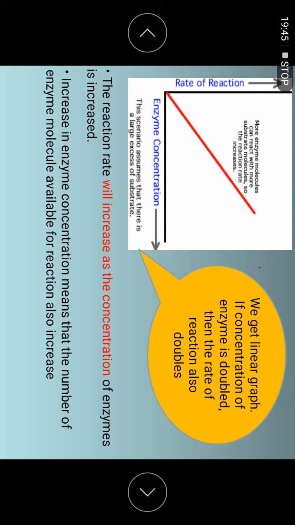But let's say substrate, for example, is like food, you don't have enough food, so even though you have a lot of enzyme, it will become constant at one point, just like the graph of the substrate concentration just now. So that one you have to take note. It's a bit of thinking out of the box.